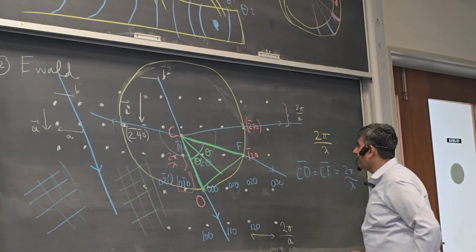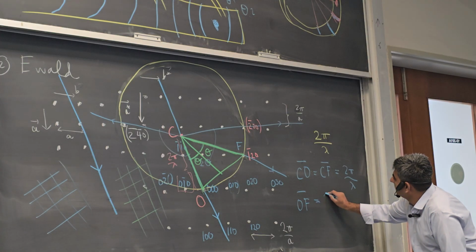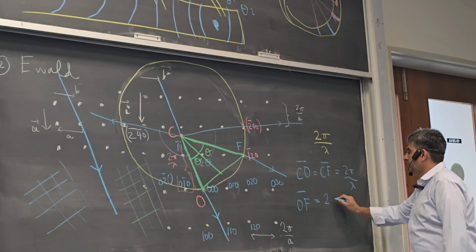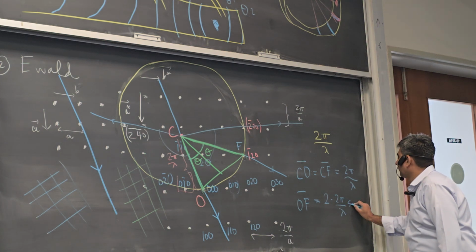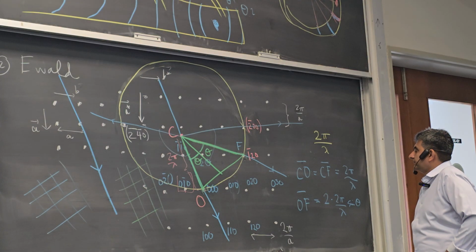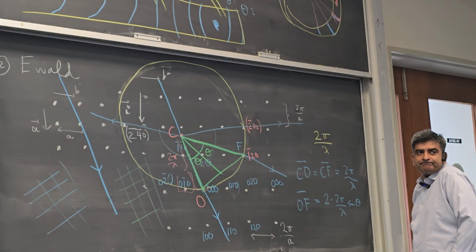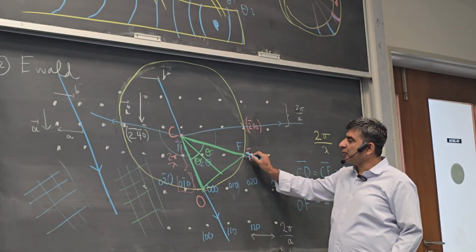So OF is 2 times 2 pi over lambda sine theta. Correct?